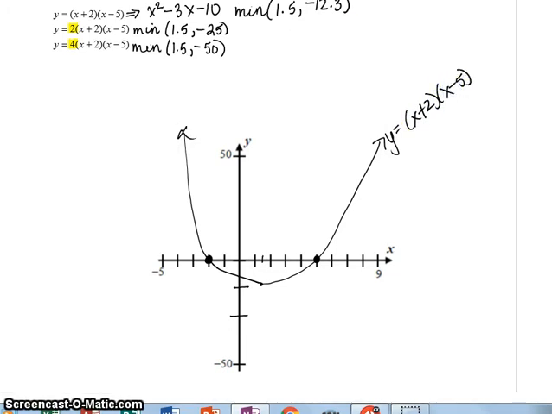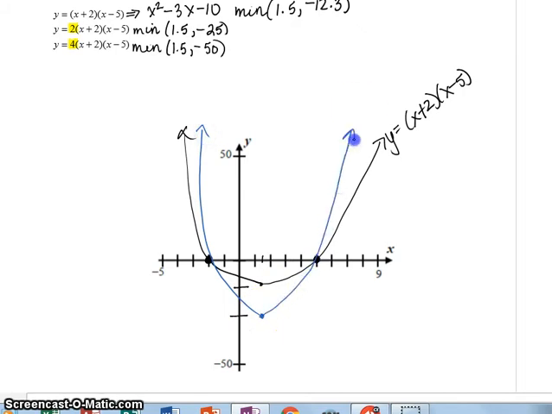Now if I switch up colors, having a vertical stretch by 2 just makes it narrow a little bit. Okay, so that one has a minimum at 1.5, -25. But again, it's still passing through the same zeros. So that is y equals 2 times the quantity x plus 2 times x minus 5.